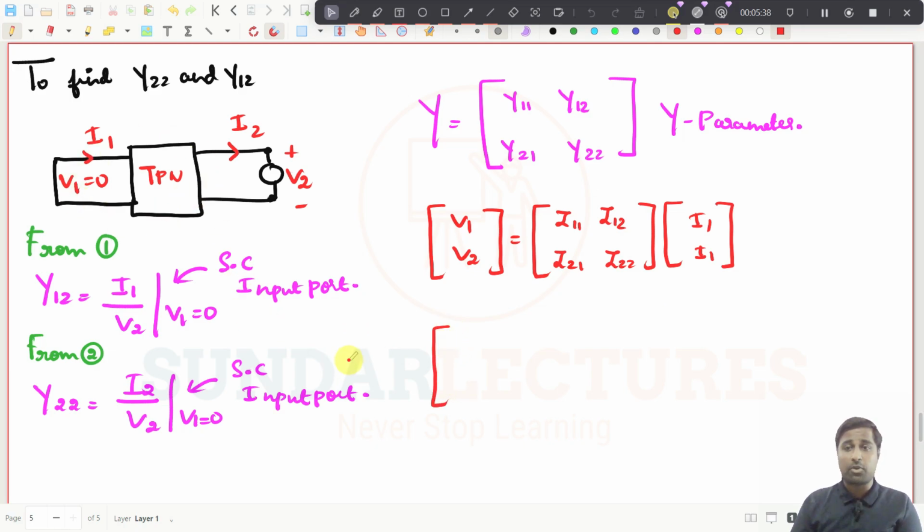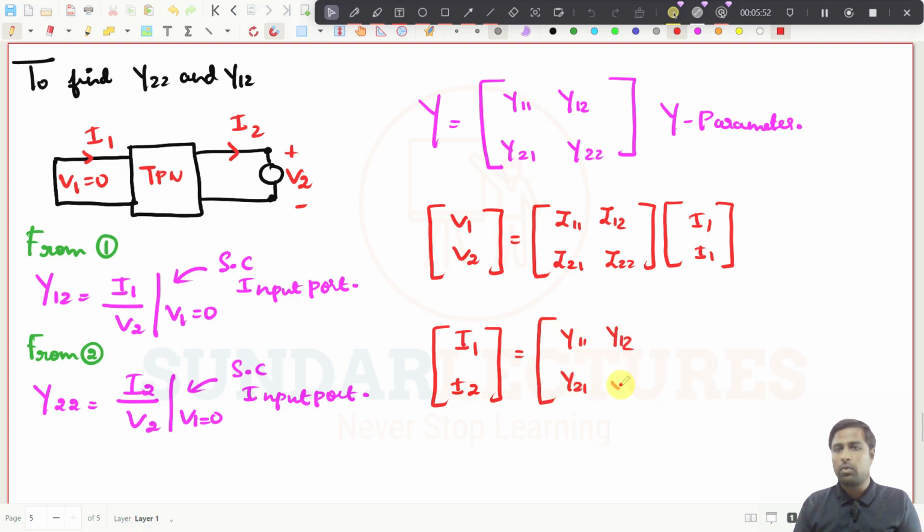I'm just taking the same two port network. Try to understand. This is I1, I2, right? This can be written as Y11, Y12, Y21, Y22, and this value will be V1 and V2.